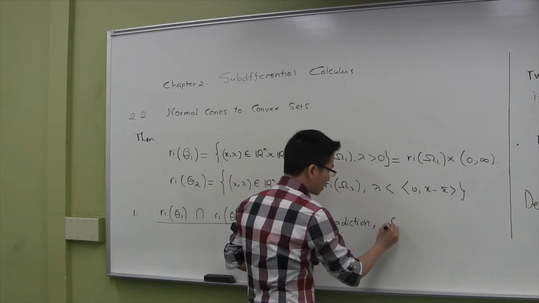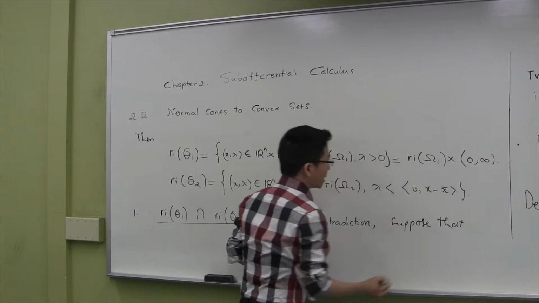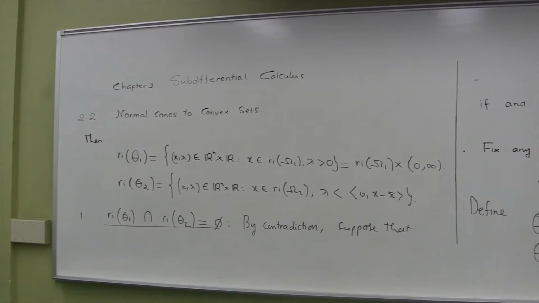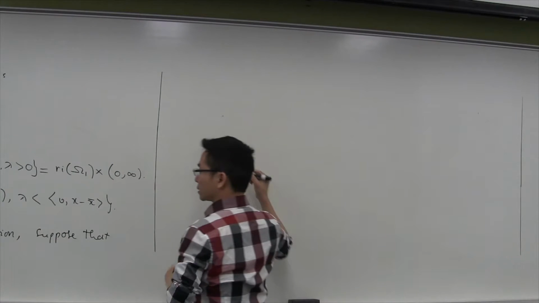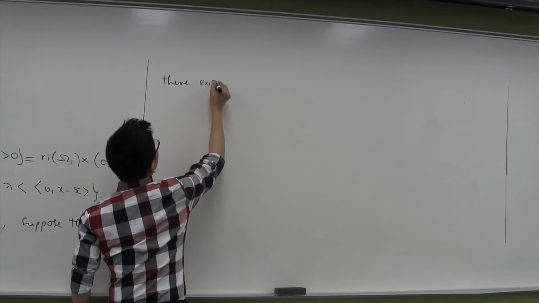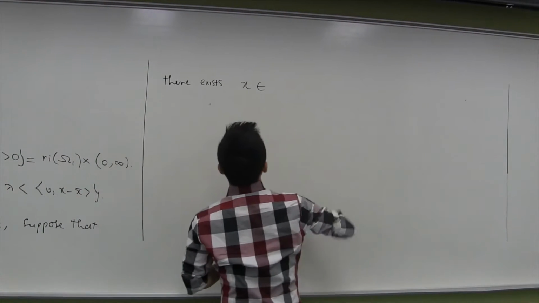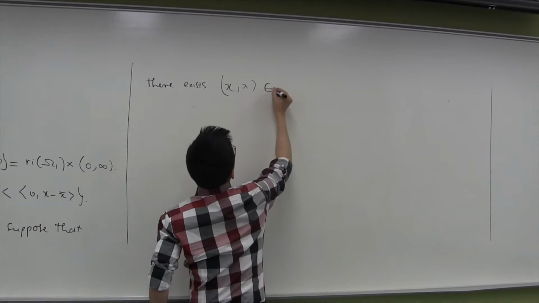Suppose that there exists (x, lambda) in this intersection.